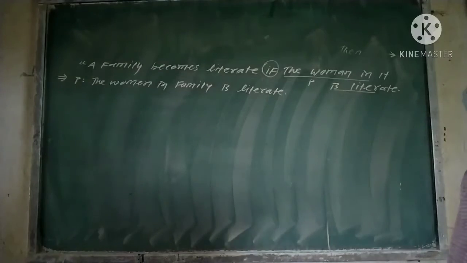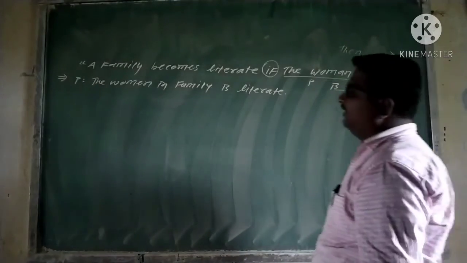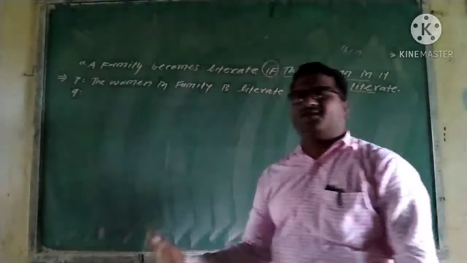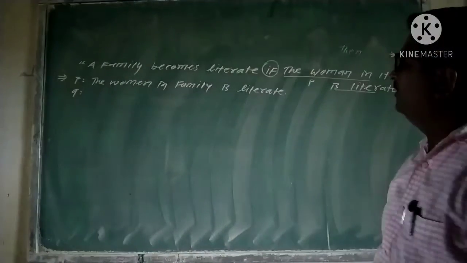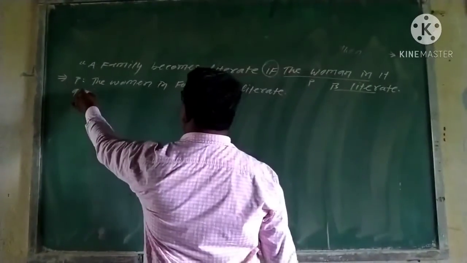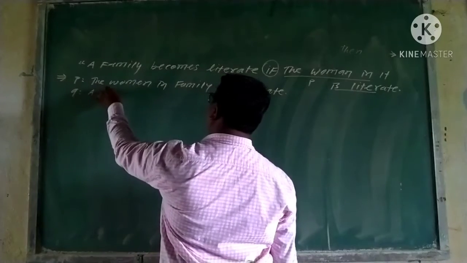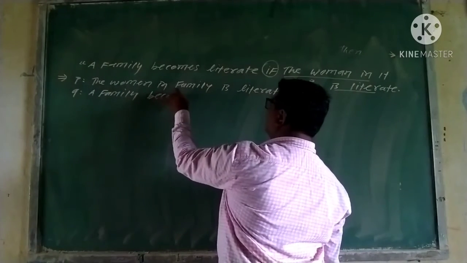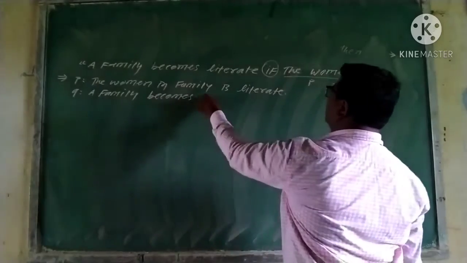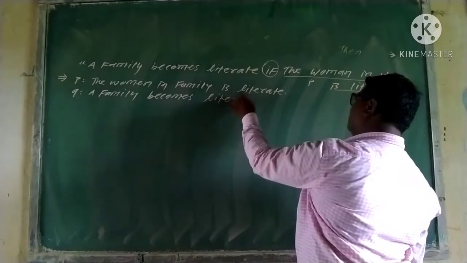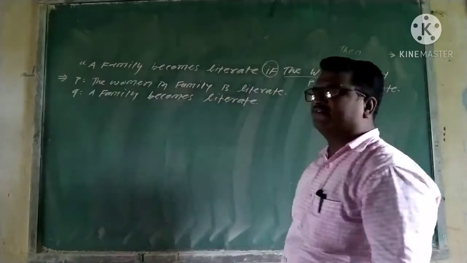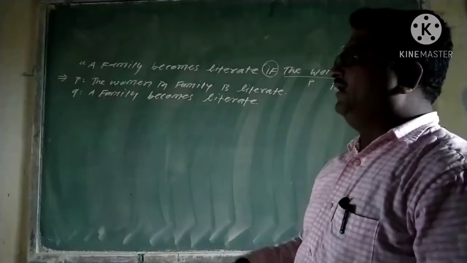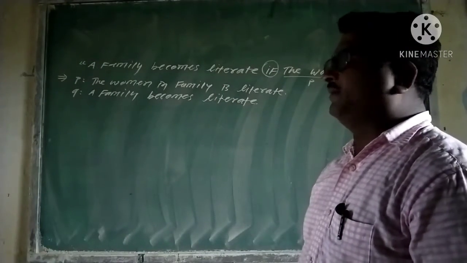This is the first statement. Second statement, that is statement Q, means the remaining statement, is: a family becomes literate.